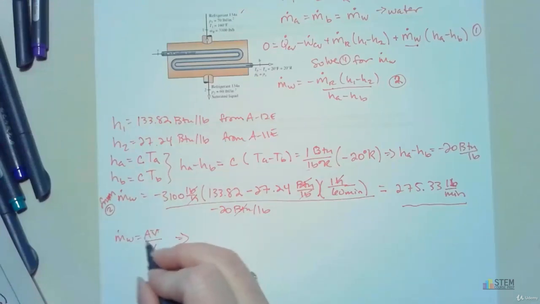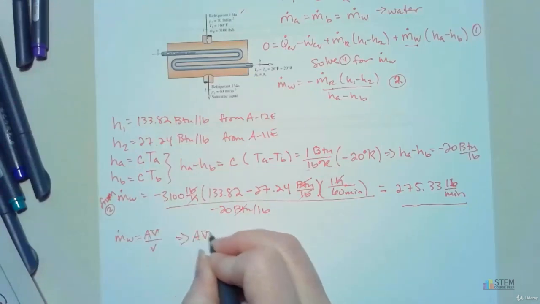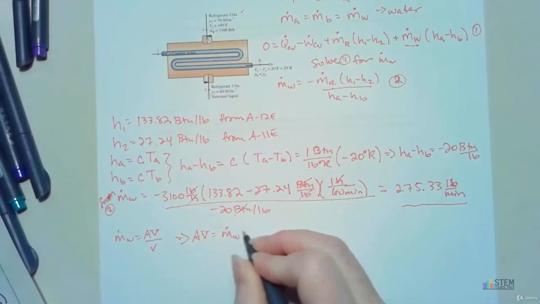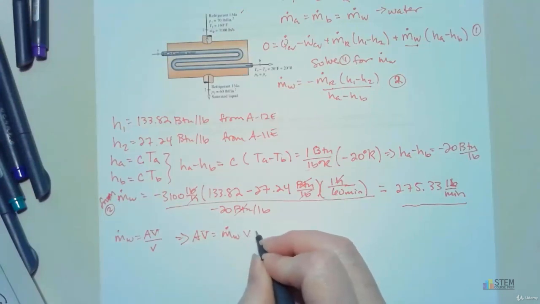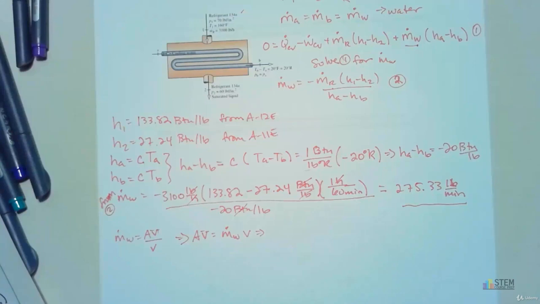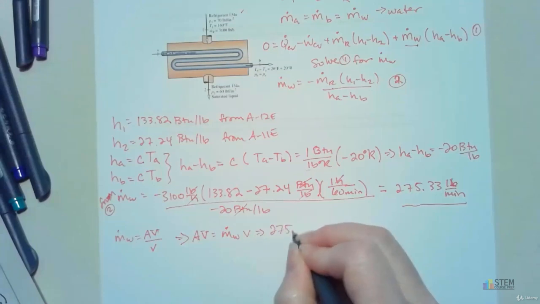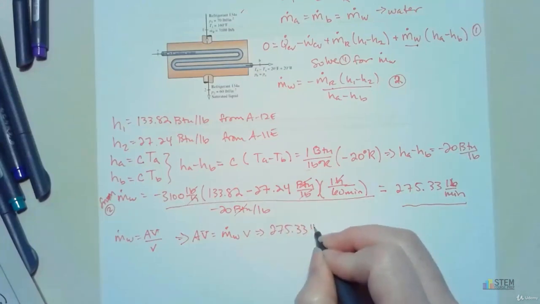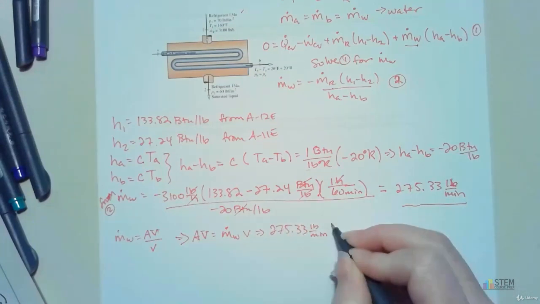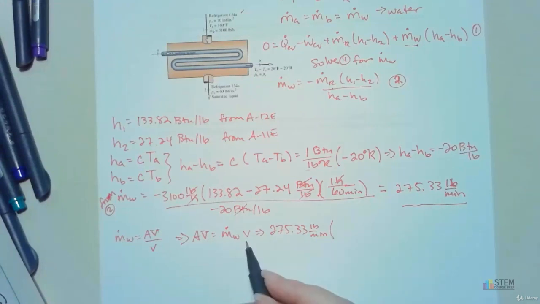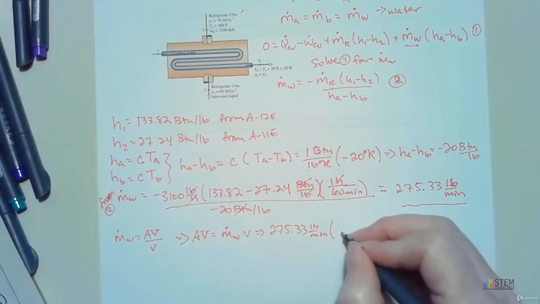If we solve this for AV, we're going to get AV equals mass flow rate of the water times V. And mass flow rate of water we just found 275.33. So let's plug that in. That was pounds per minute. Our specific volume, do we need to look that up? Nope, it was in the problem.